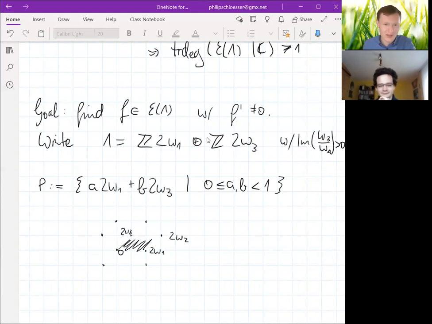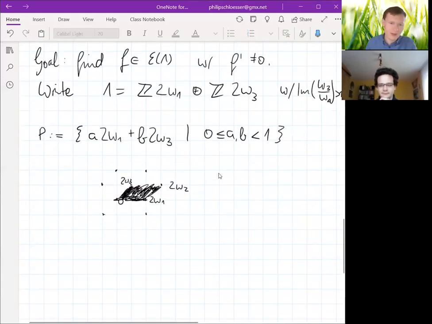Then P is just the set that is included here, where we include the left and the bottom edge and have it open on the right and on the top. This is P.